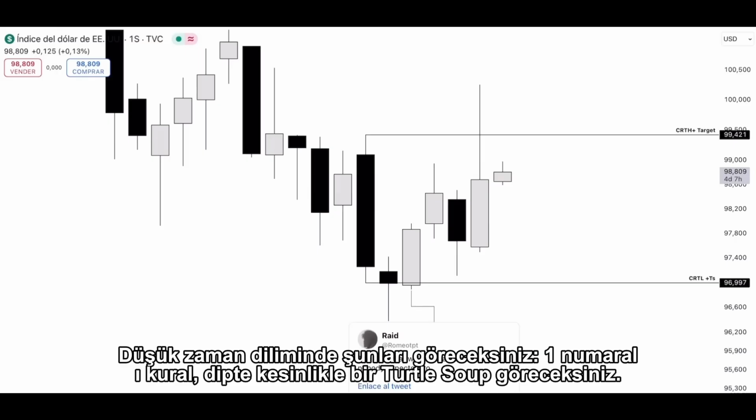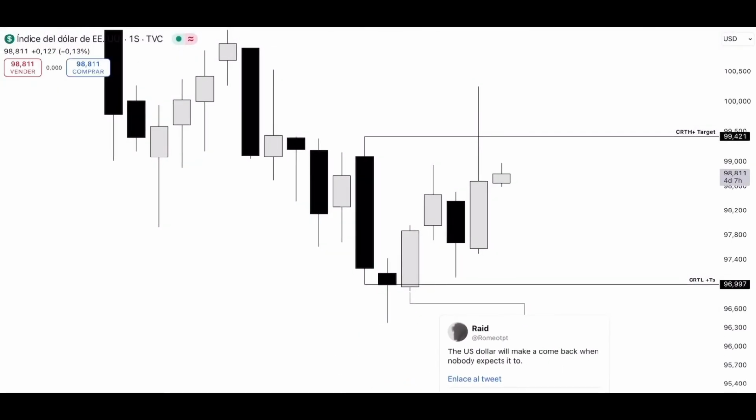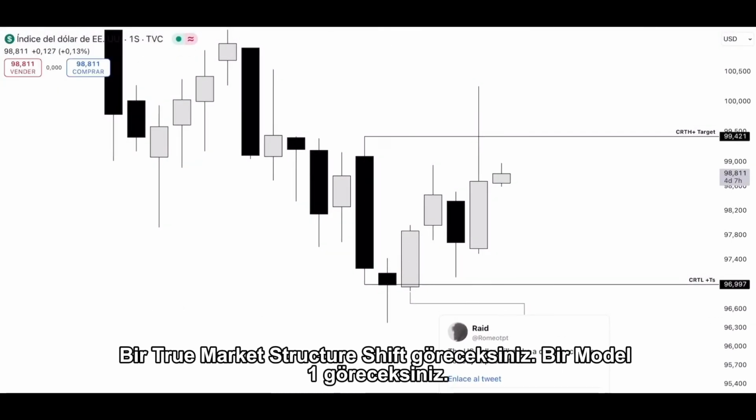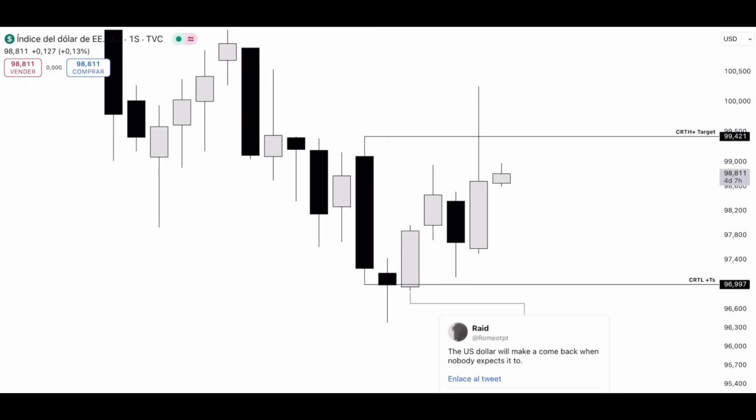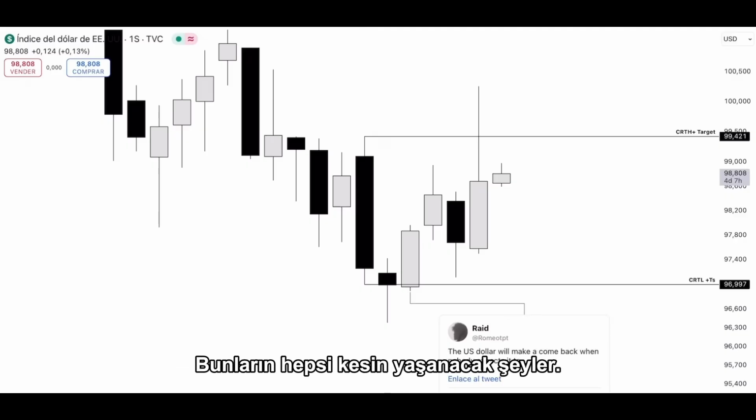Number one, you're going to see a turtle soup at the low. That's a given. You're going to see a true market structure shift. You're going to see a model number one, and you're going to see a kiss of death turtle soup before the CRT high is reached. Those are all certainties.